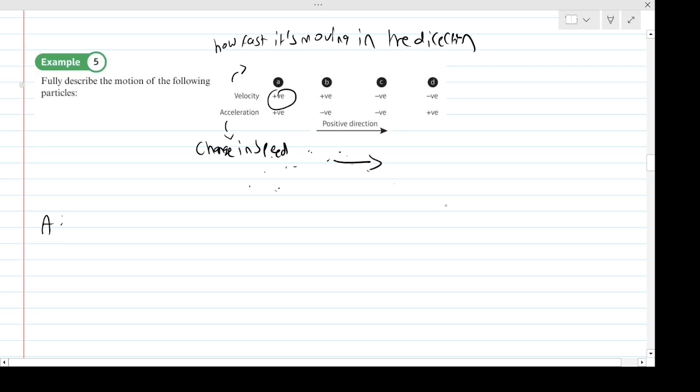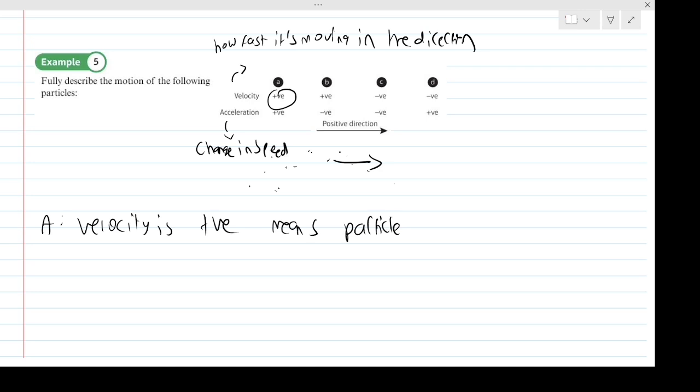So because the velocity is positive, it means particle A is moving to the right, or moving forward. Okay, moving forwards.